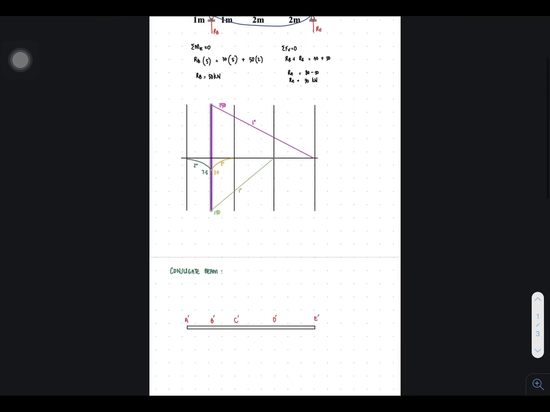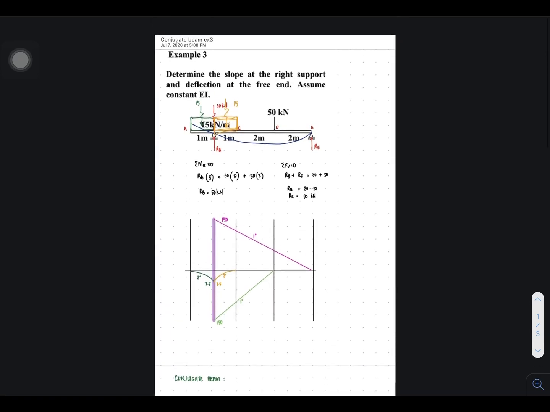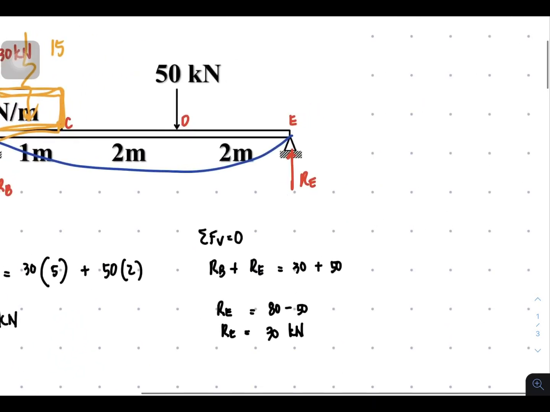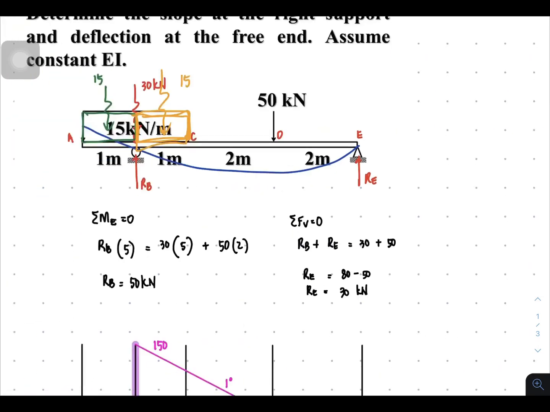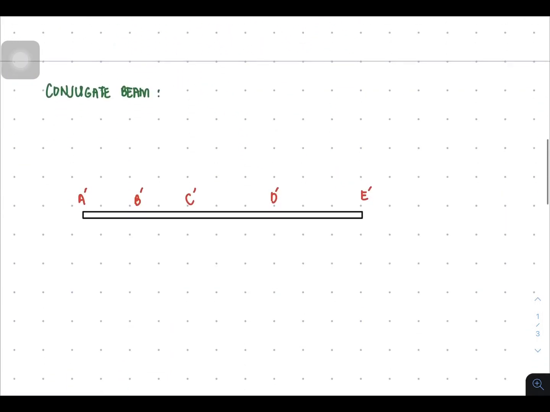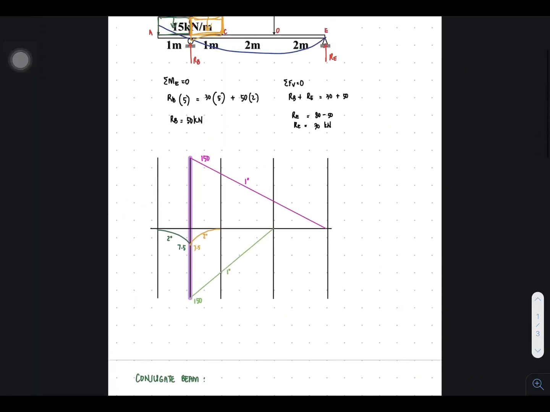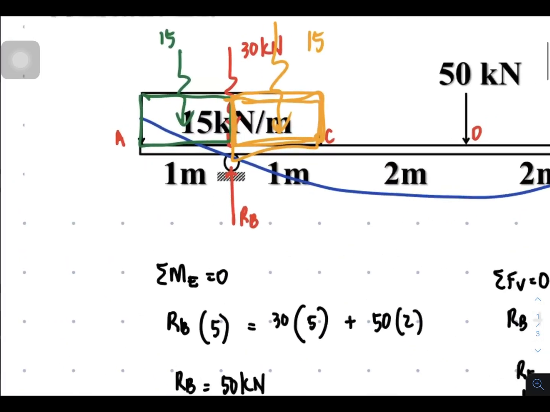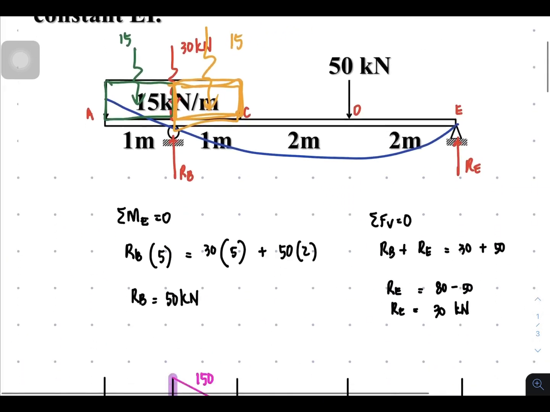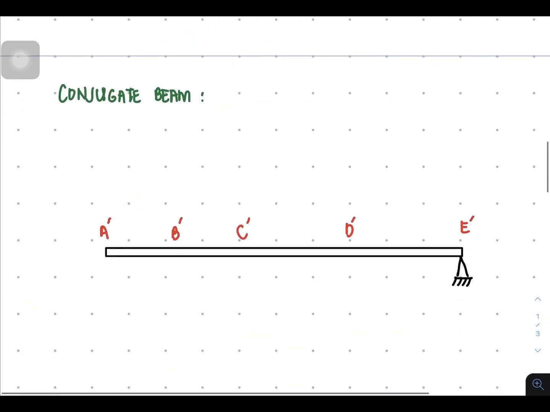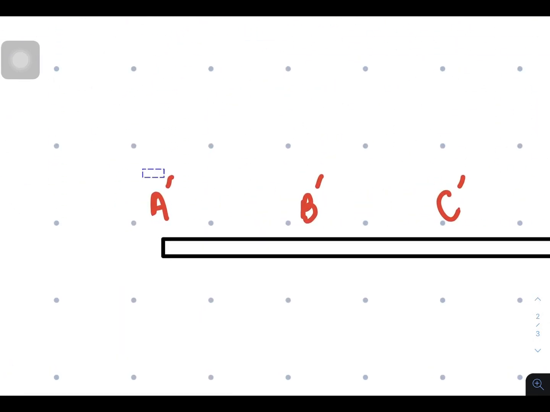And evaluate the support at point E, the support is hinge. So we're going to redraw the same hinge at point E. Right? And then at point A, it's a free end. So it will become a fixed end here. So move this there.